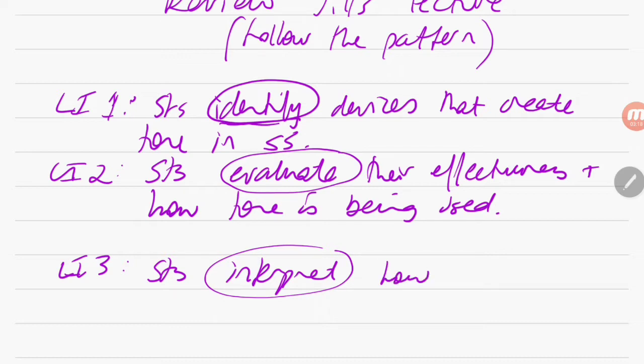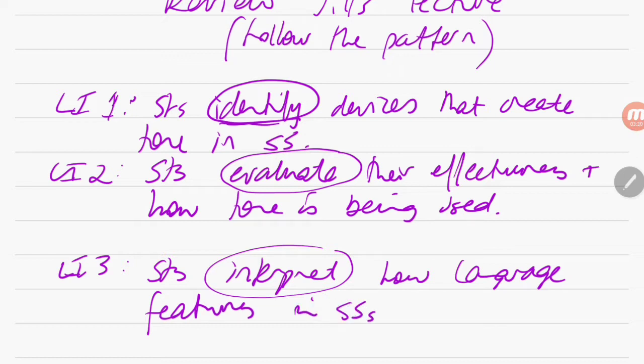Students interpret how language features. It's not complicated, is it? In short stories, we're contextualizing it for the assessment task, which is why we need to know what it is in the first place. Positioning audiences.